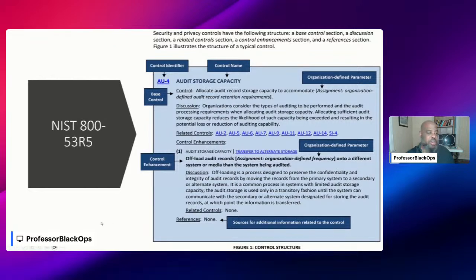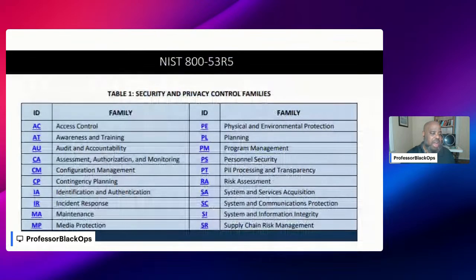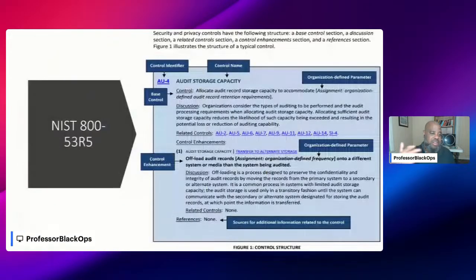Up here you're at AU, auditing and accountability, and if you go down there, there are multiple subcontrols. This is the subcontrol AU-4. It talks about base controls. Then you see their control enhancements. Once again, I've done a ton of NIST 800-53 videos. I don't think I've done one this year, though, for NIST Rev 5, so we'll probably put one in the queue.